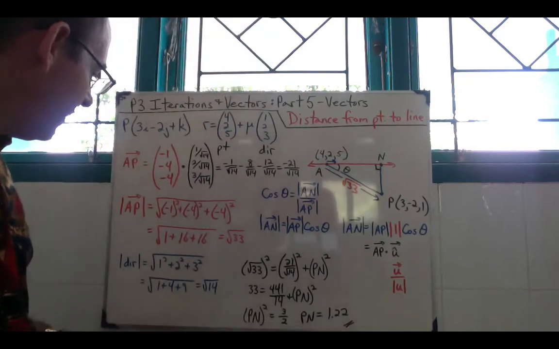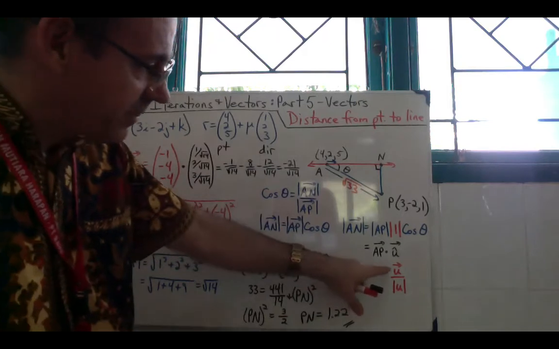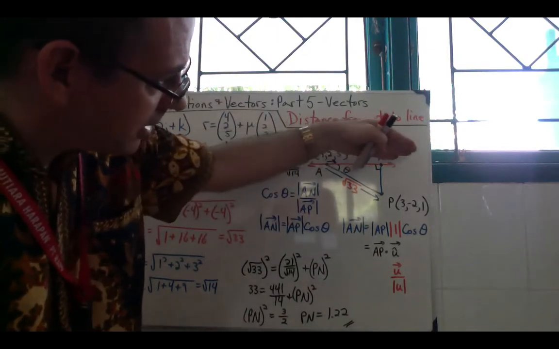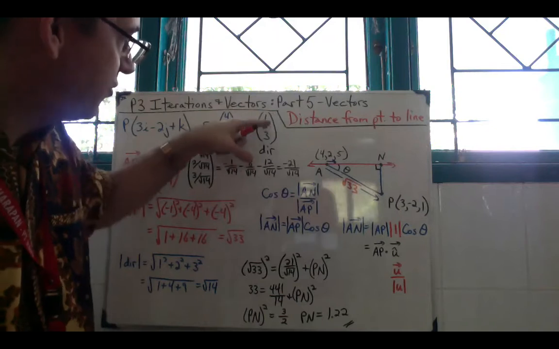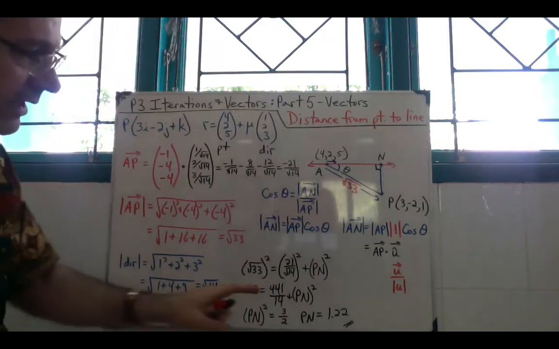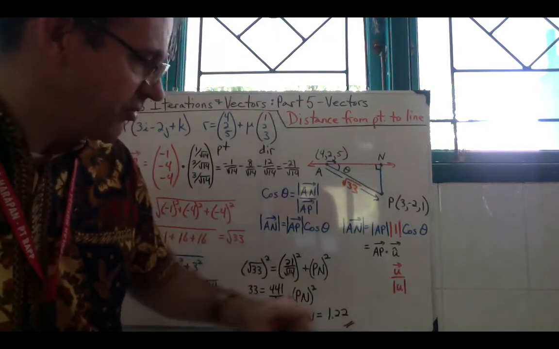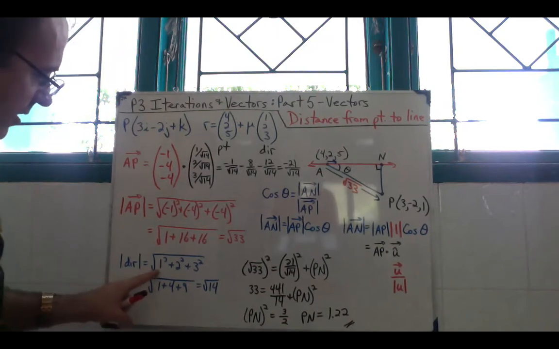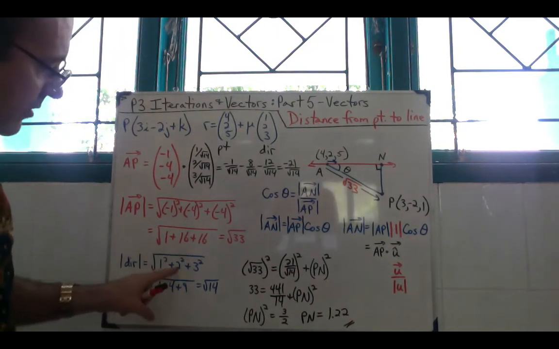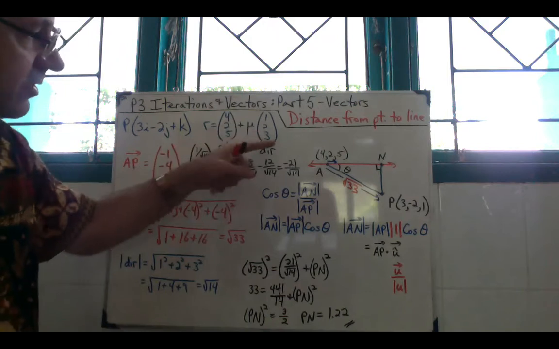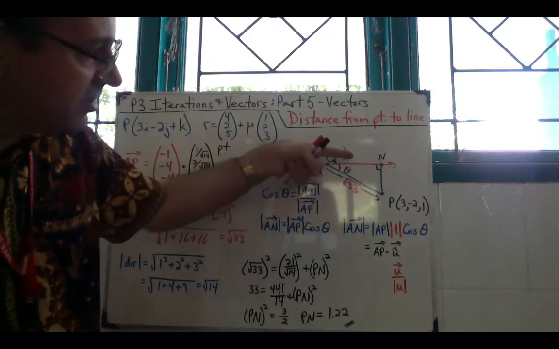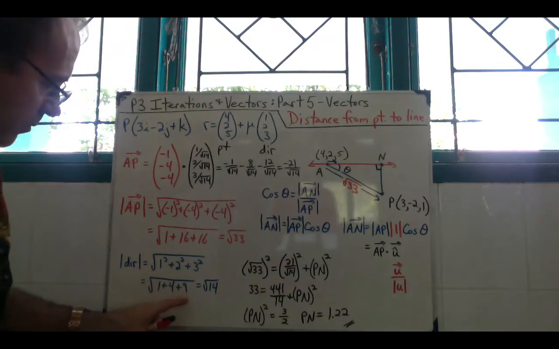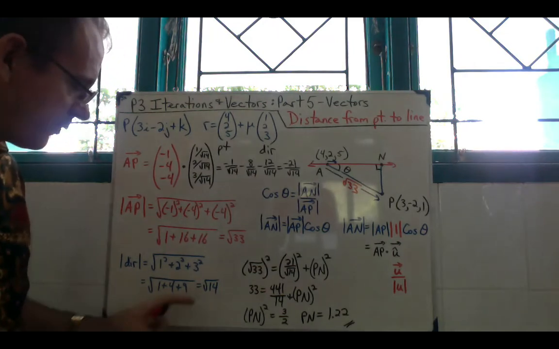So what we need to do is get the direction of the vector, that is, it's in the direction of our line, so that's our 1, 2, 3, and we need to divide it by the magnitude of that. The magnitude of our direction is the square root of 1 squared plus 2 squared plus 3 squared. That's the direction we want to go, and we end up with the square root of 1 plus 4 plus 9, which is the square root of 14.